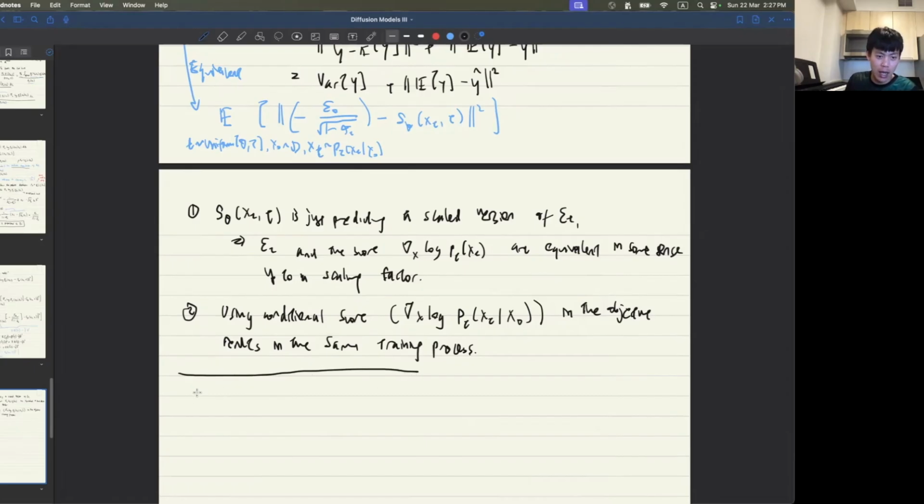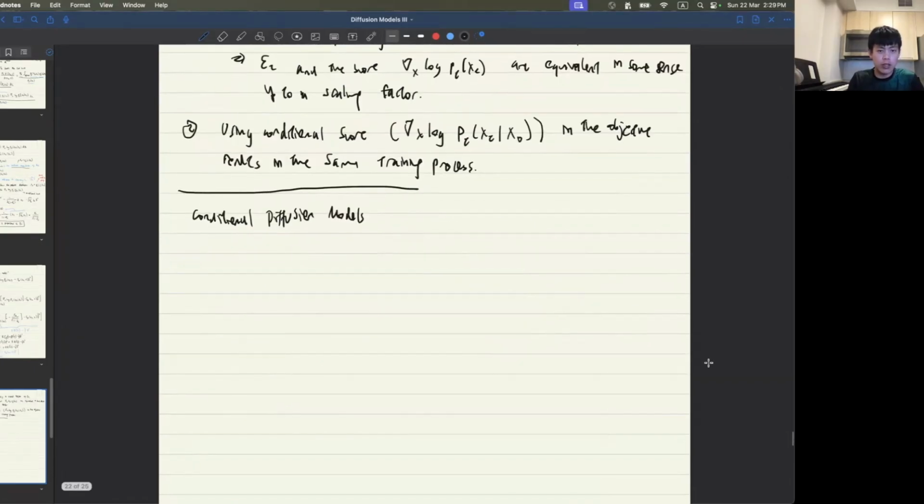The other nice thing is what we would call conditional diffusion models. So here is the problem setup. In the image generation problem, we just want to generate an image that resembles something that we might see in real life. But if you think about how you generate an image, you don't want to just randomly generate an image, right?